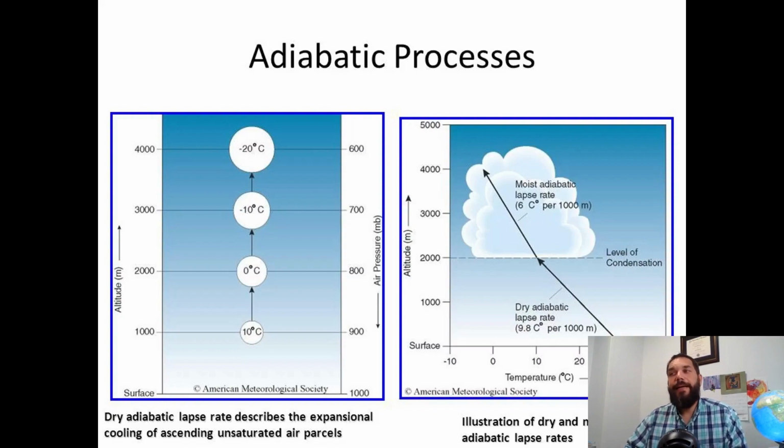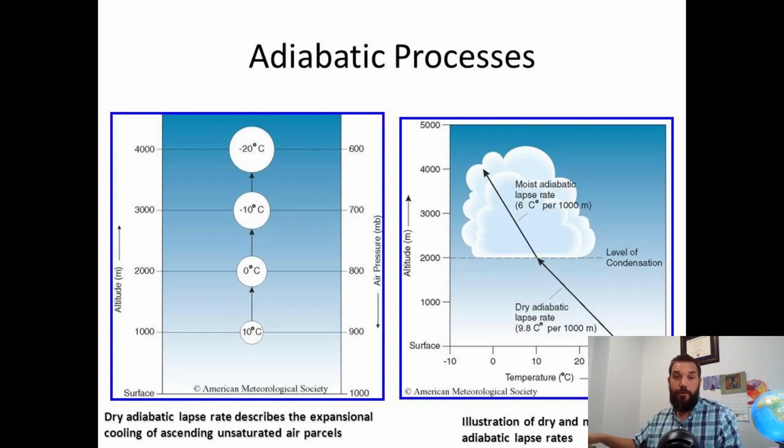You don't really need to know that, but I'm just explaining where that weird word comes from. Adiabatic is the rate at which temperature is going to change due to pressure changes. It's adiabatic cooling, adiabatic heating.